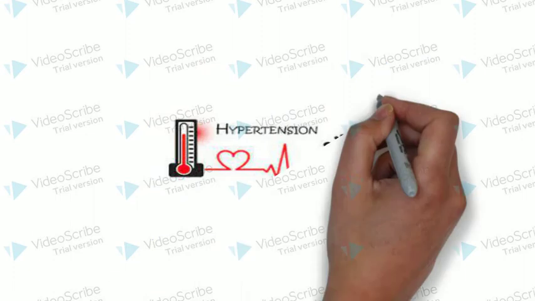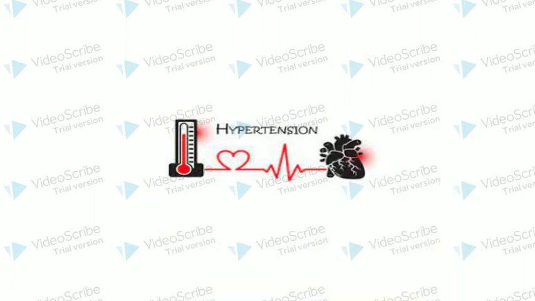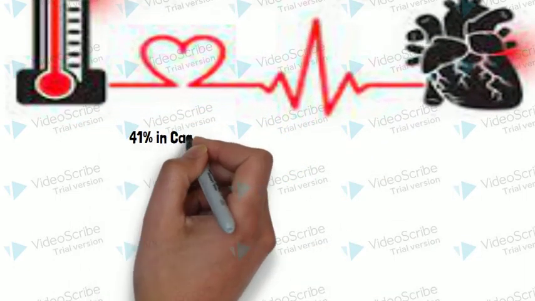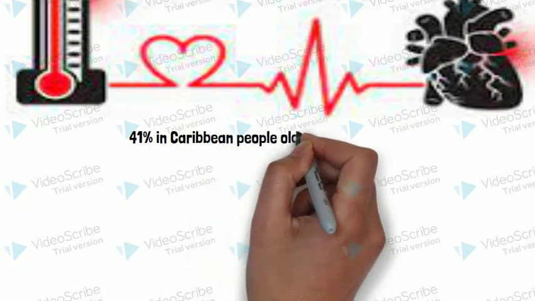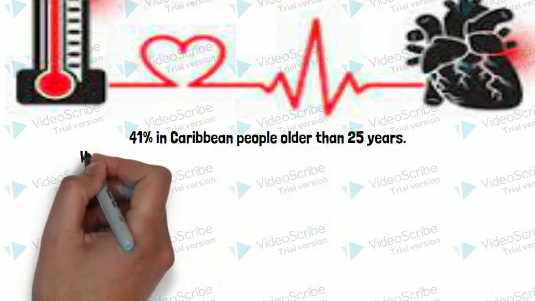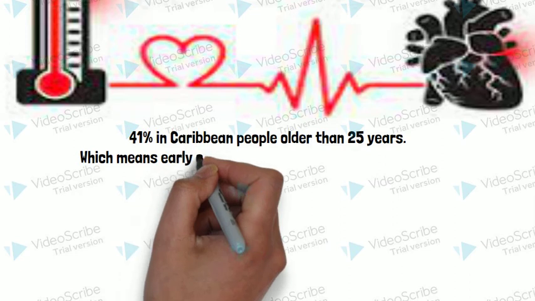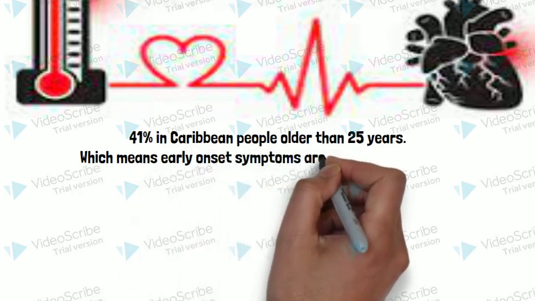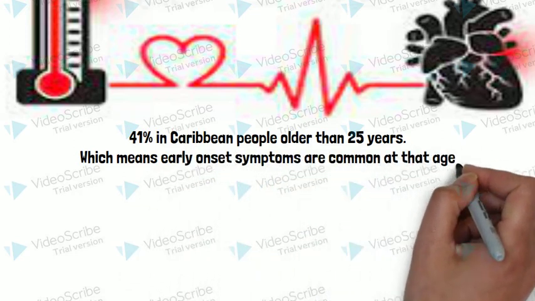According to the Global Health Observatory of the World Health Organization, hypertension has a prevalence of 41% in Caribbean people older than 25 years. This means that early onset symptoms are common beyond that age.